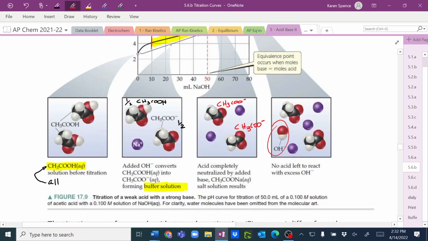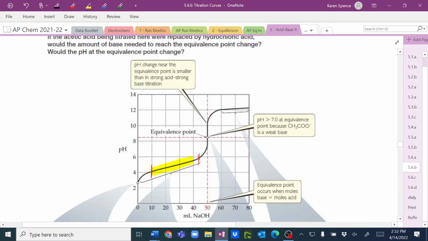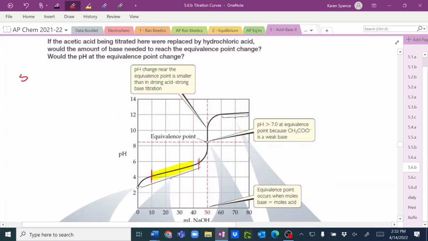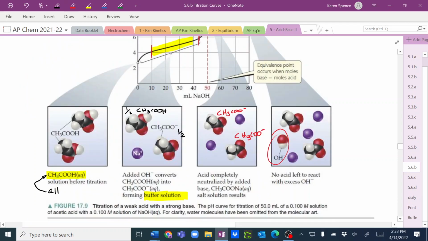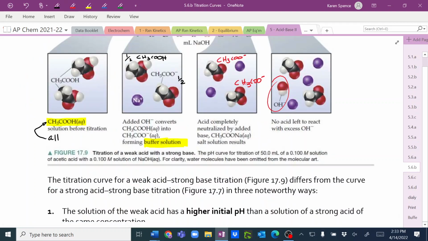This curve here is for 50 milliliters of 0.1 molar acetic acid, and we are titrating it with 0.1 molar NaOH.